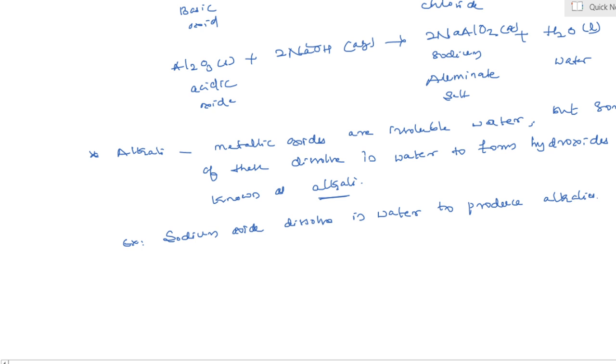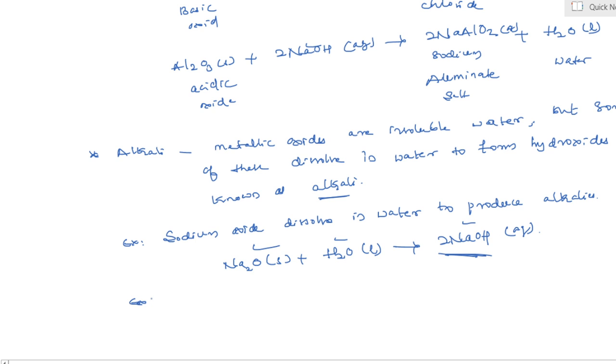Na2O, sodium oxide, plus water, that is, reacting with or dissolving in water, gives sodium hydroxide, in an aqueous solution. Sodium oxide dissolved in water produces an alkali like sodium hydroxide.